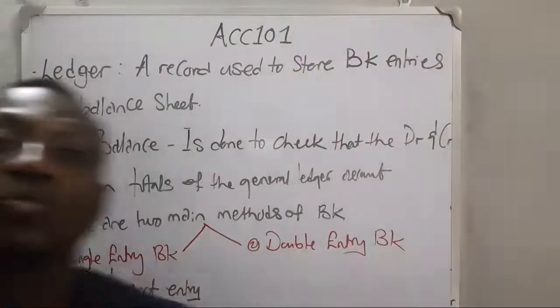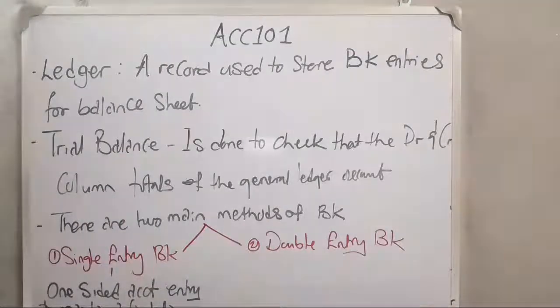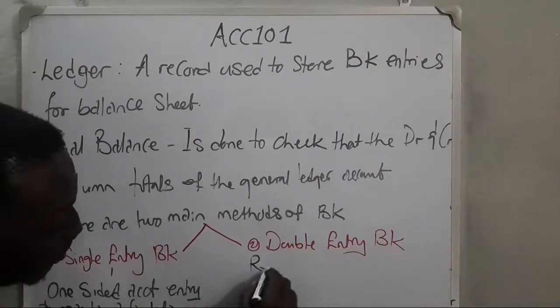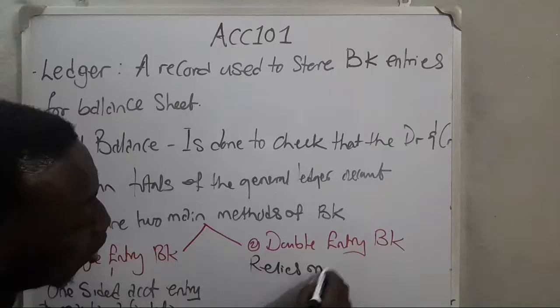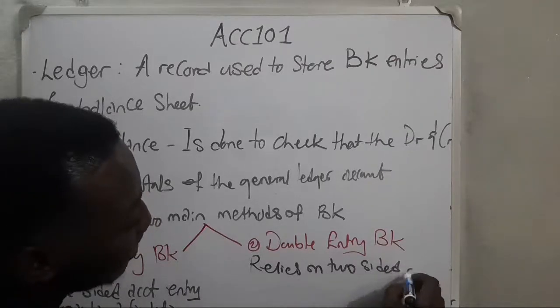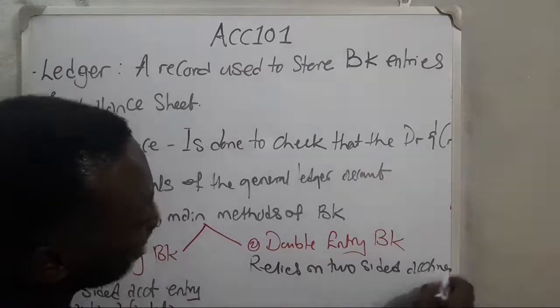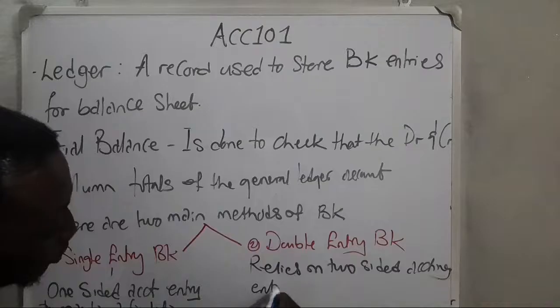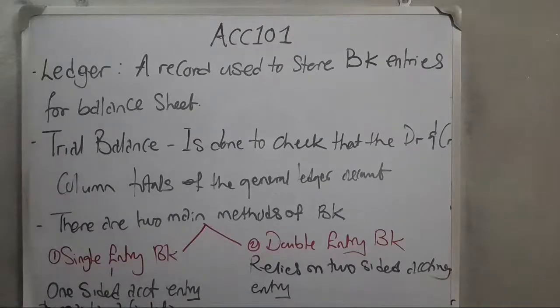Then we begin to do more of the postings. Here we have double entry, which relies on two-sided accounting entry to maintain financial information.